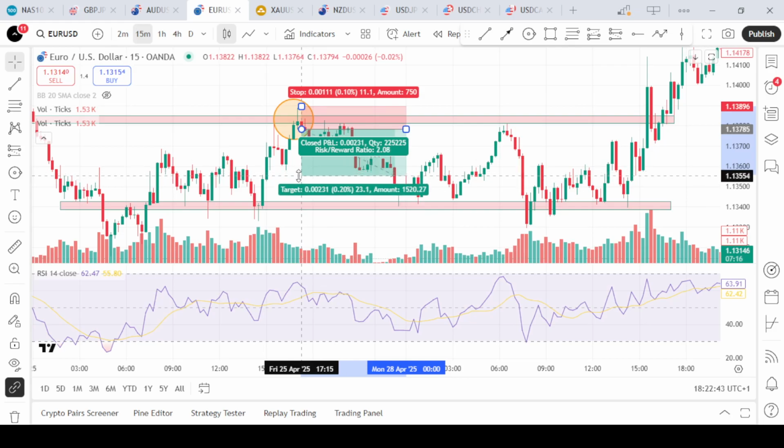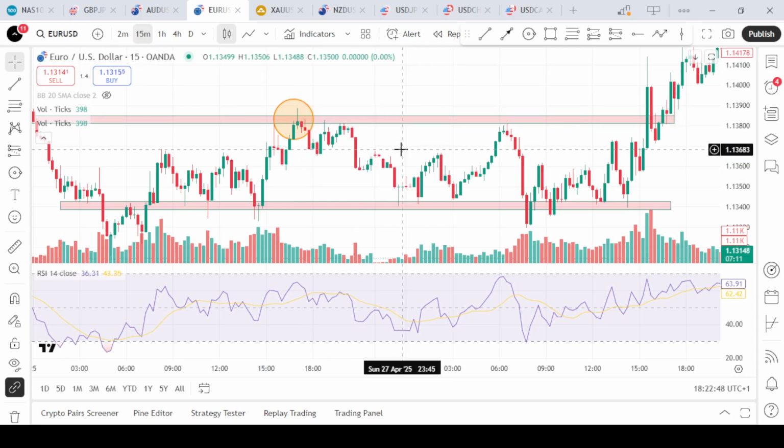There are some common mistakes that we need to avoid when using candlestick patterns in trading, and these are several mistakes that we need to take note of. One of the most crucial errors is ignoring the market context, failing to consider the broader market condition. You forget the trend and support and resistance levels.